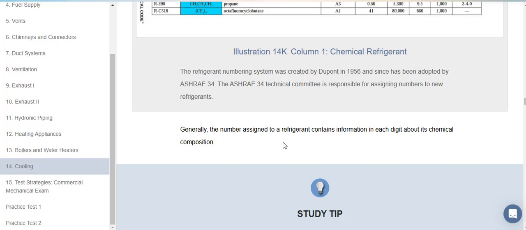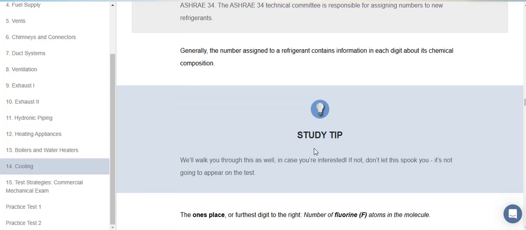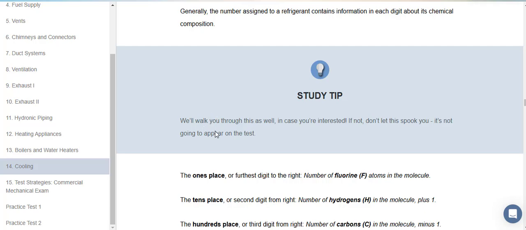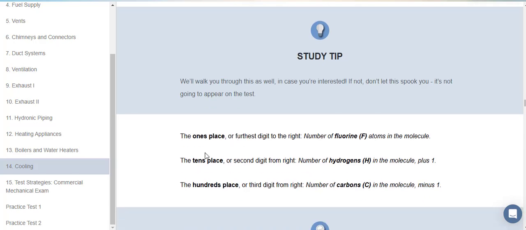Generally, the number assigned to a refrigerant contains information in each digit about its chemical composition. Study tip. We will walk you through this as well in case you are interested. If not, don't let this spook you. It is not going to appear on the test.